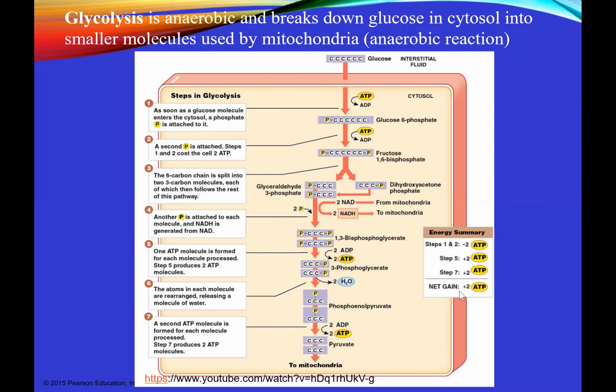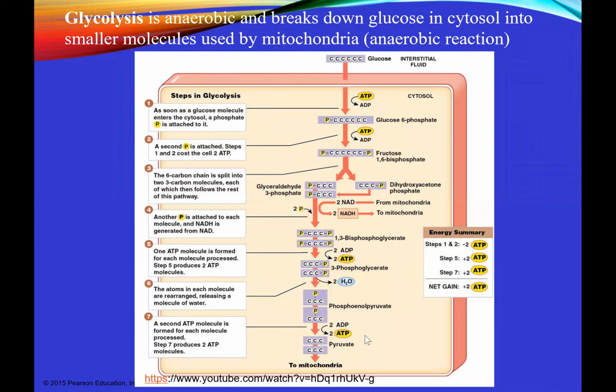So there is a net gain of only 2 ATPs, but NADH is made here. And again, the series of steps continues. So from glyceraldehyde 3-phosphate, it becomes a phosphoglycerate, and then that's phosphoenolpyruvate. So here one ATP is given off, ATP is given off here, but it ends with making pyruvate.